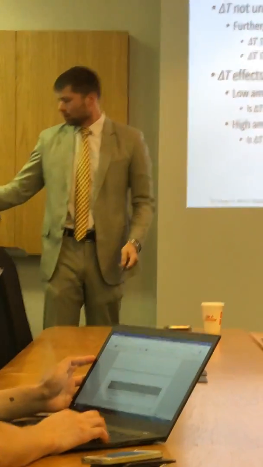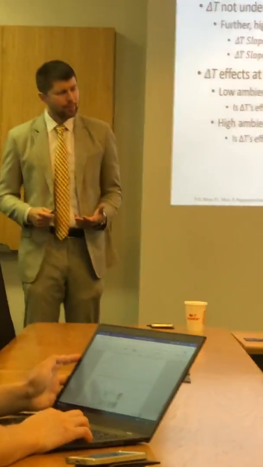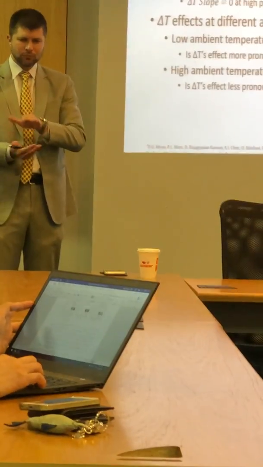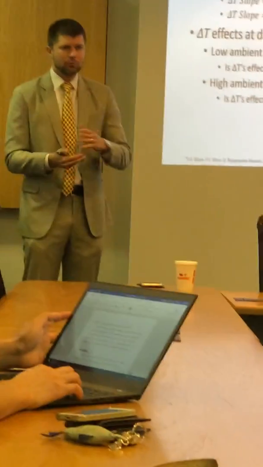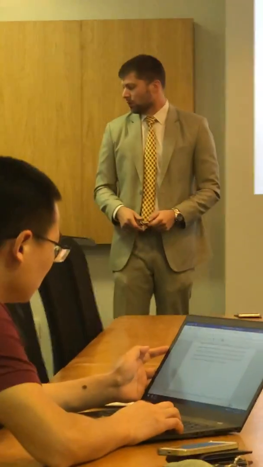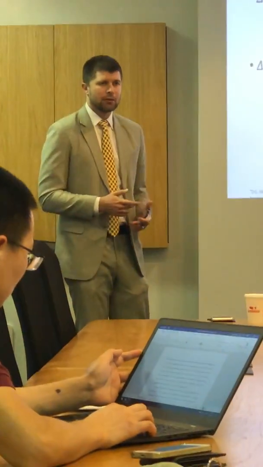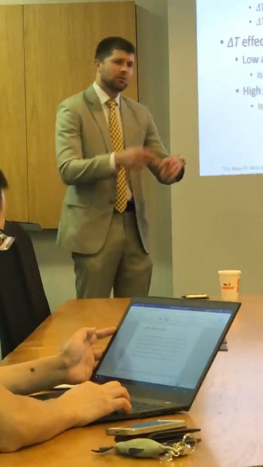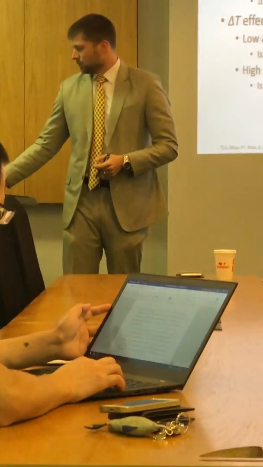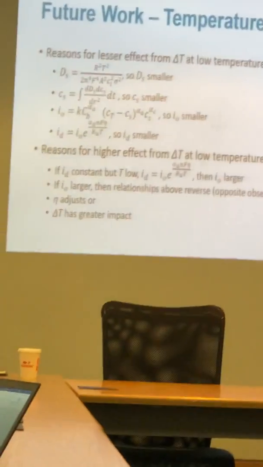And at the end of the day, what we need to do this study are higher power testers and better, more precise isothermal chambers where we can do more precise measurements. Also, we don't know if delta T will have a greater or lesser effect on the LIC at low temperatures or high temperatures. And arguments can be made both ways.